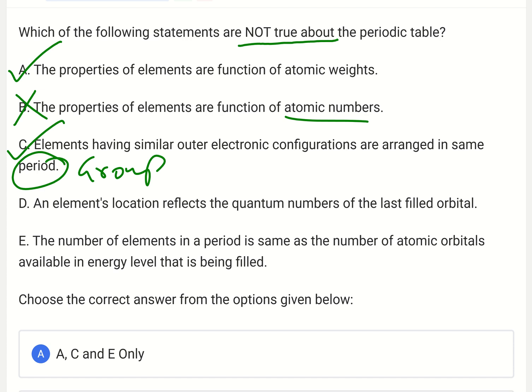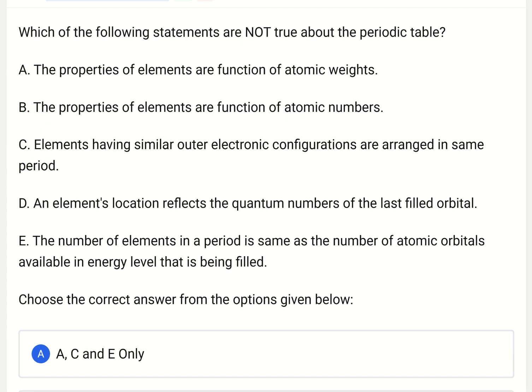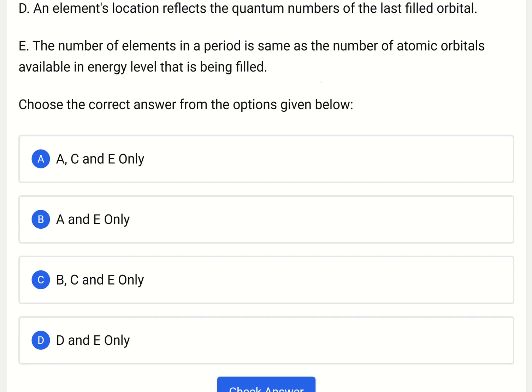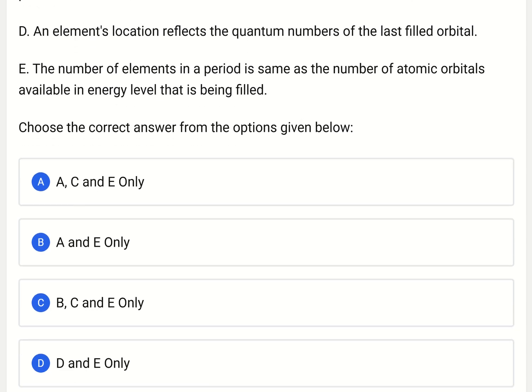An element's location reflects the quantum number of last filled orbital. The number of elements in period is same as the number of atomic orbitals available in the energy level that is being filled. So let us go for the option A and C are there. Okay, now just check the trick.